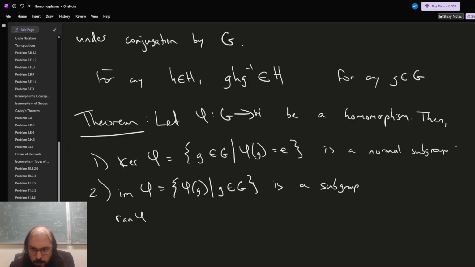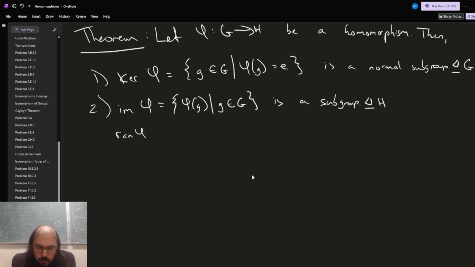Now the kernel is a subgroup of G, right? It's elements of G, whereas the image is a subgroup of H. Okay. With this said, let's take a look at the proof.